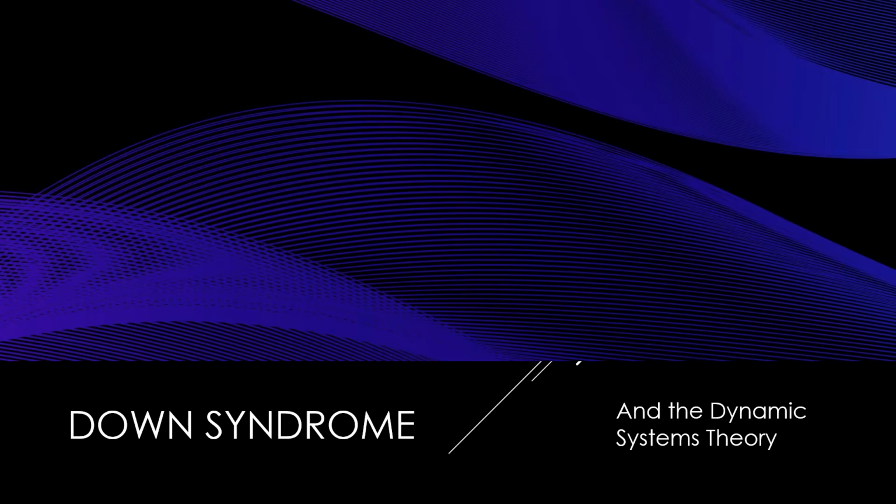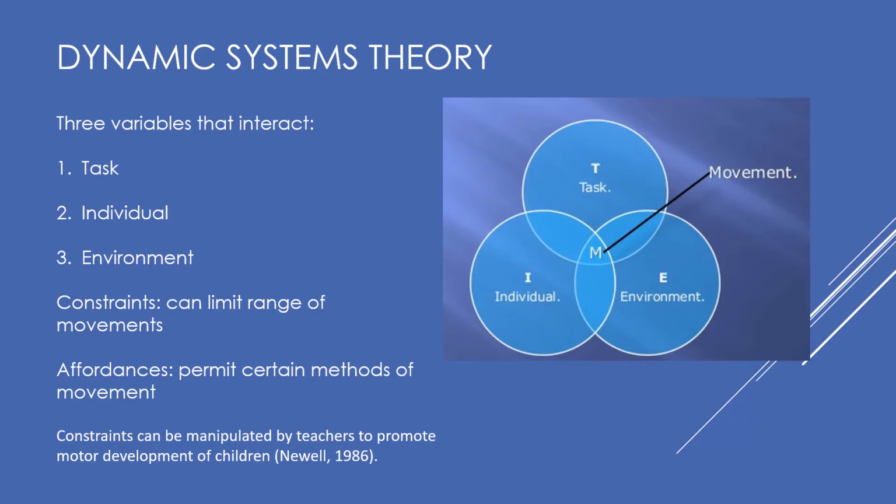The dynamic systems theory is a model that can be applied to students with Down syndrome. This model aims to explain how movement behaviors emerge. There are 3 variables that underpin this theory, which are the task, the individual, and their environment.